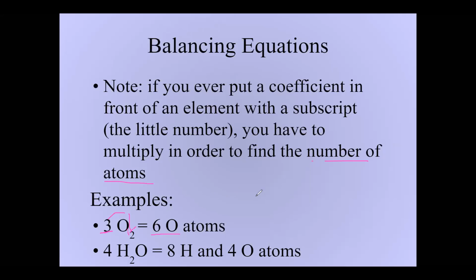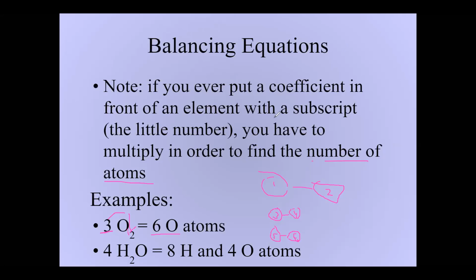It's essentially saying that before we had 2 O's that were bonded together, and that's it. But when we put that 3 coefficient in there, we're essentially saying that we have 3 O2 molecules. And so 3 O2 molecules gives us 1, 2, 3, 4, 5, 6 total O's.